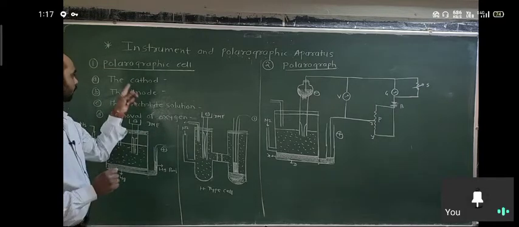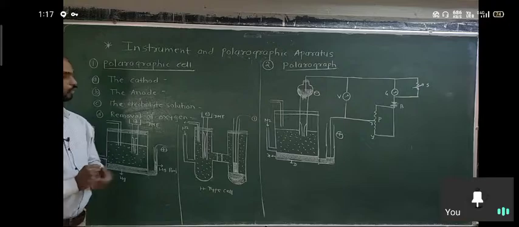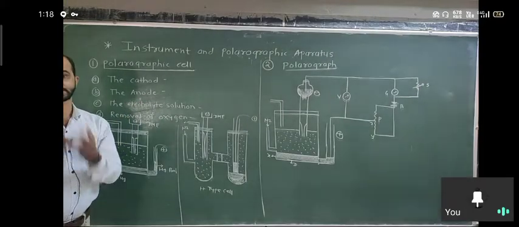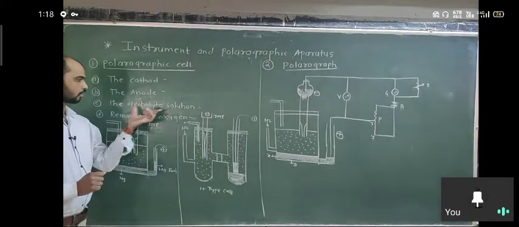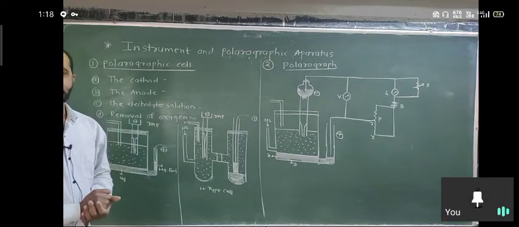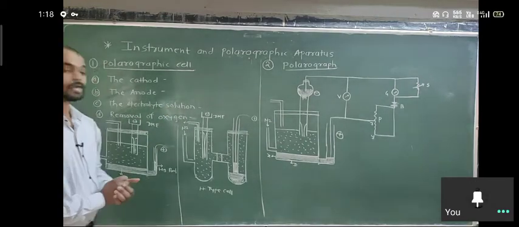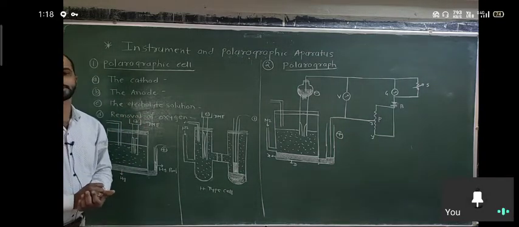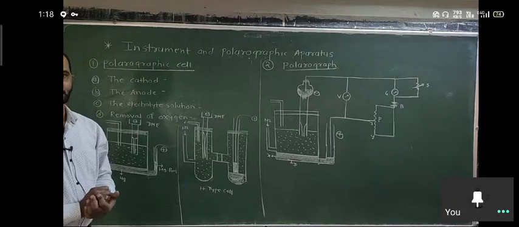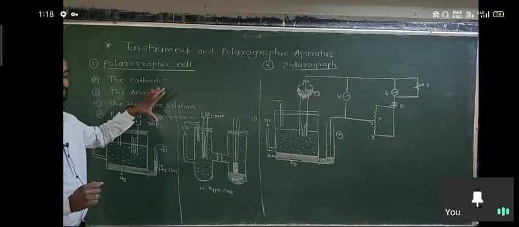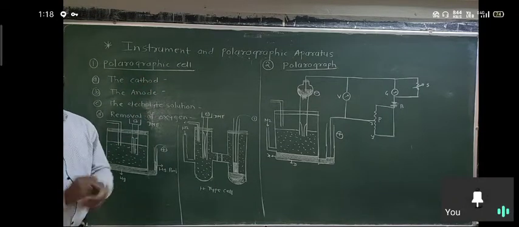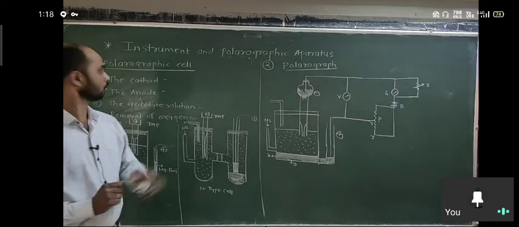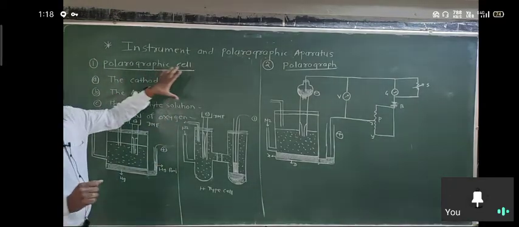First is the cathode, the first electrode; the anode, another electrode; then the electrolyte solution which is taken to be analyzed, which is the third; and the fourth is removal of oxygen from the sample solution. These four parts are present in a polarographic cell.